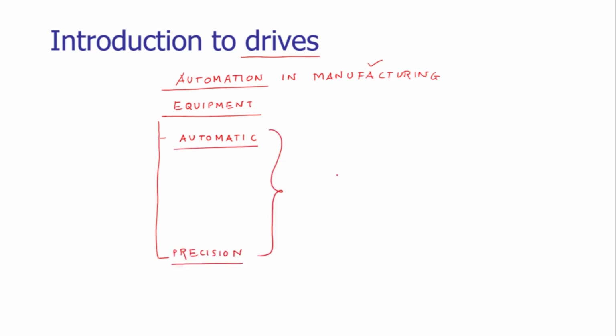This equipment should provide automatic and precise movements in the elements of the system, and these elements are the mechanical elements. As we have seen, the equipment has mechanisms, and these mechanisms have elements. So we need motion of these elements, and this motion provides the displacement.